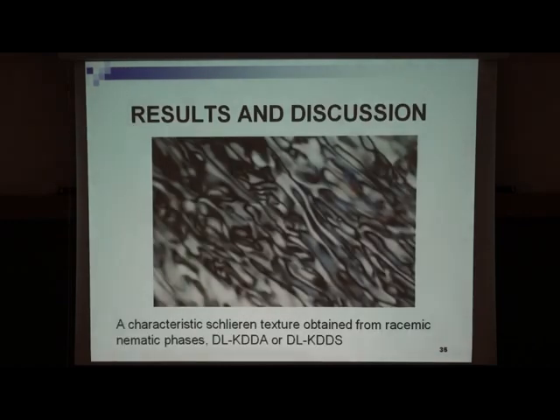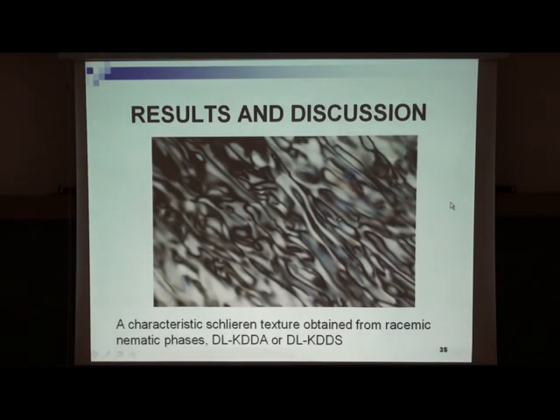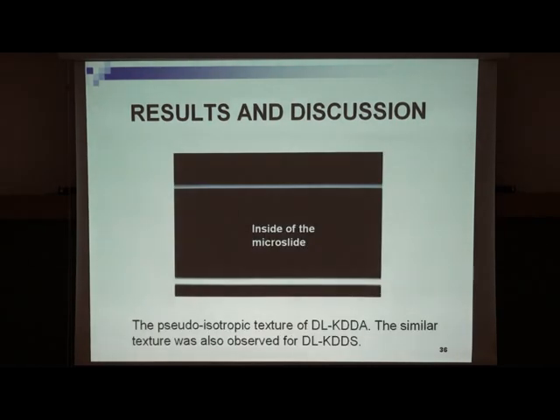Okay, now these are the results of the experiment, and this is the characteristic shearing texture of the nematic phases. When it is equilibrated for enough time, you can observe this type of pattern. Here, inside of the microslide, the phase director is perpendicular to the applied magnetic field. I mean, micelles are oriented along the large glass surface.